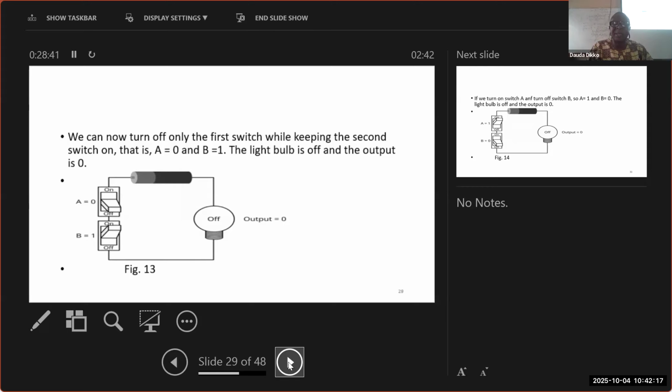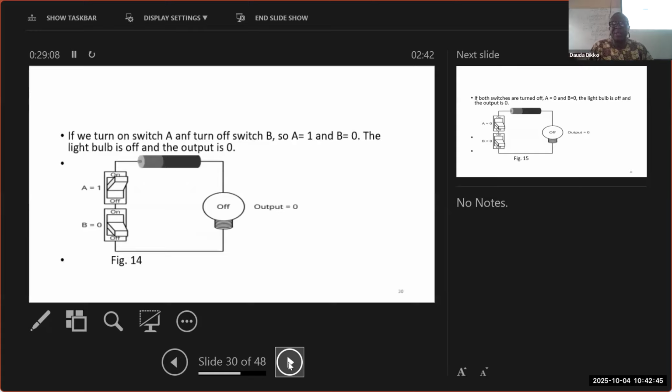You can see vividly that when A, the first switch, is off, current will not be able to flow through the circuit. And because the current is not able to flow through the circuit, we have the output as 0. So the light bulb is off and the output is 0.